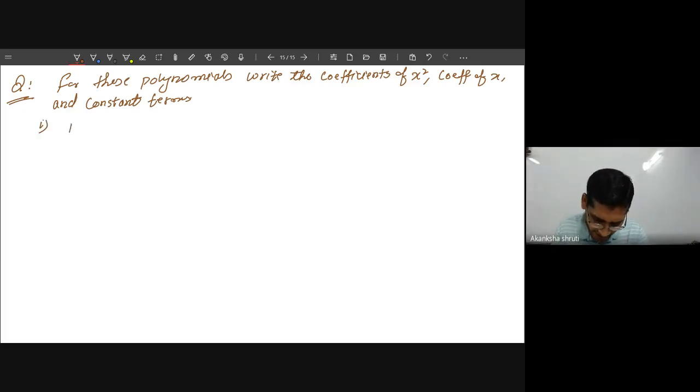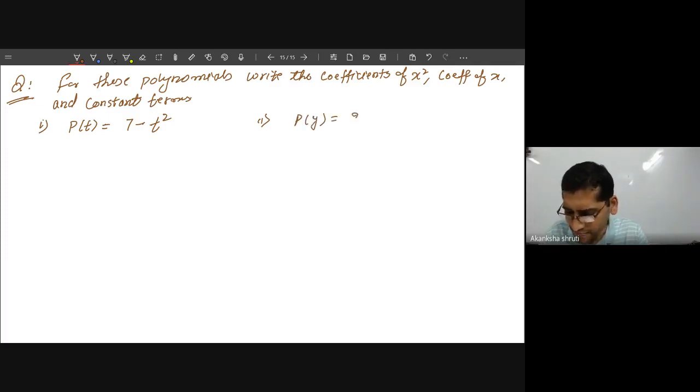First one is, say polynomial p(t) is given as 7 minus t square. The second one is, say p of y is given as 4y square.